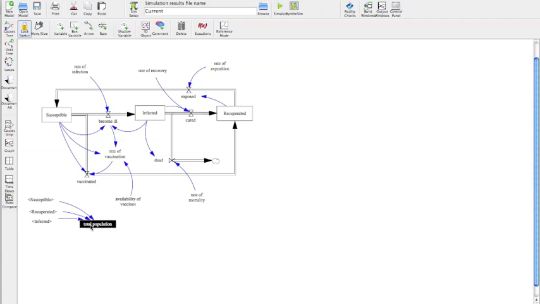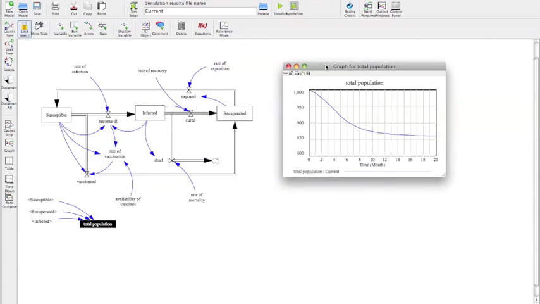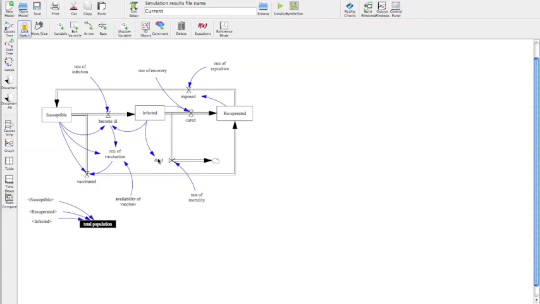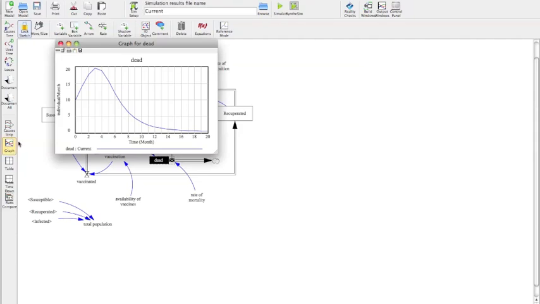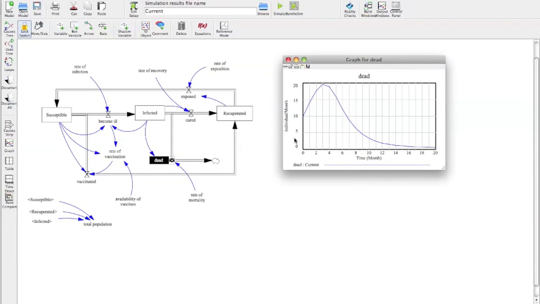You can look at the total population and graph it, and you can see that the total population started at 1,000. The effect of the epidemic in this case is to make the total population drop to just a little bit over 850 people. So there is that lasting impact of the epidemic, and we can look at the number of deaths here.